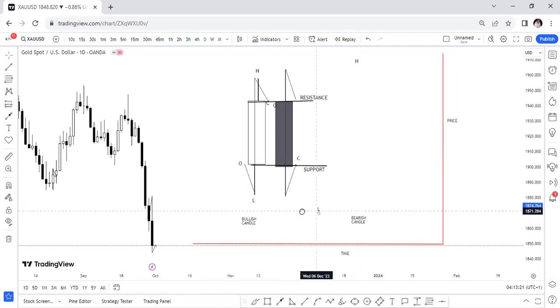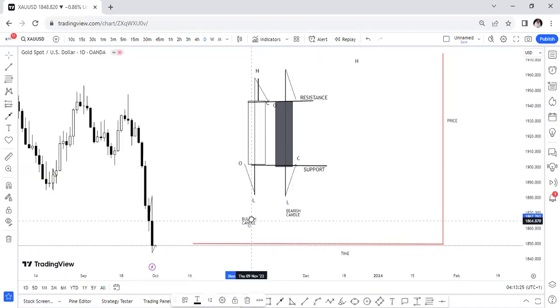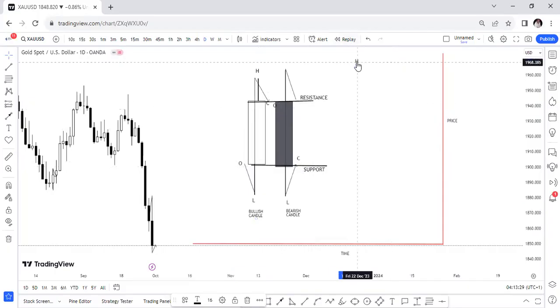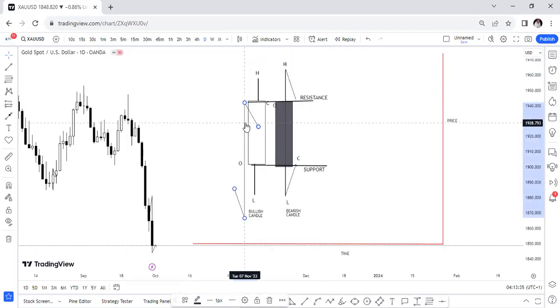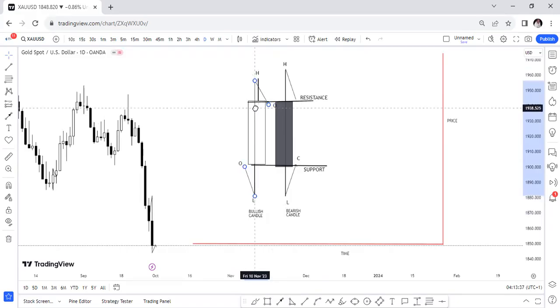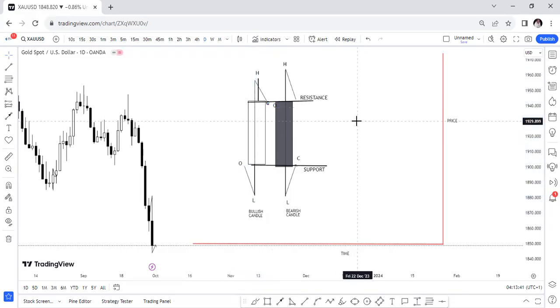Close the high, this is a bearish candle. So they come together to form what we call the support and resistance. If you take note of that information, we're going to make use of it in our next episode.